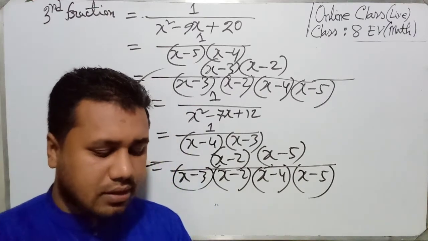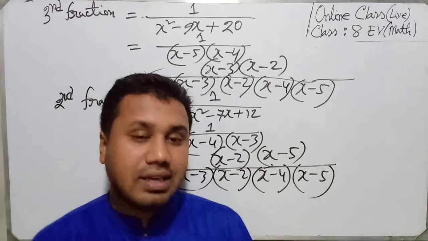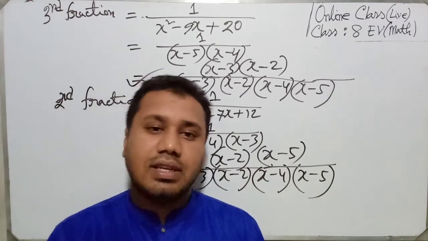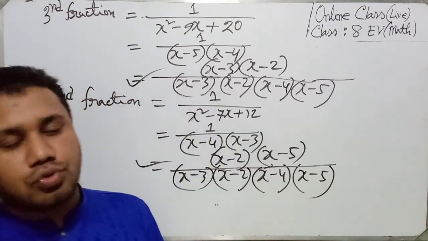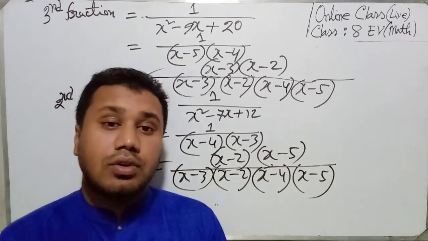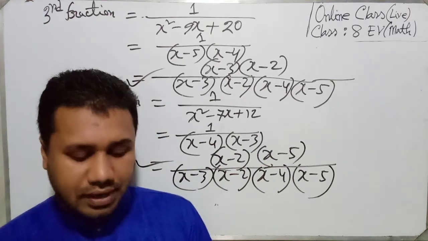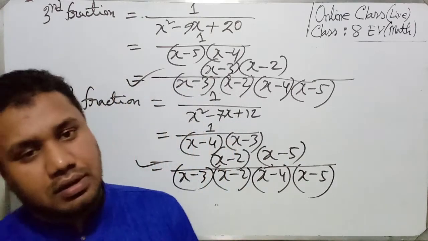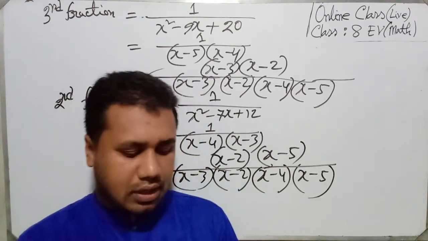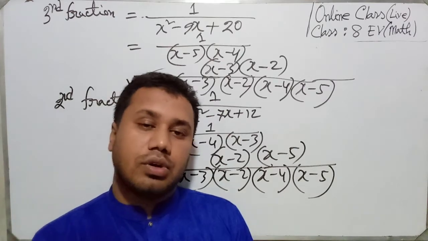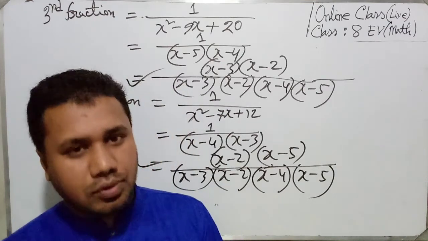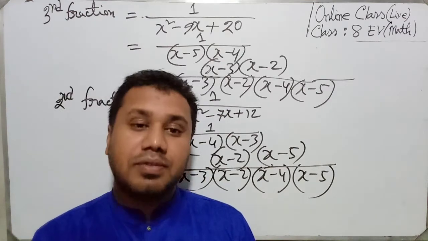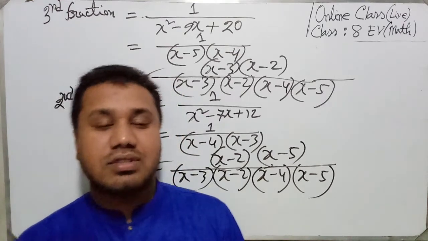Now dear students, number 3: find the sum. That means there are some fractions, 2 or 3 fractions, you have to add. Then we have to find the sum. And problem number 4, find the difference. We have to subtract, with 2 fractions given. And problem number 5, this is the most important: simplify.